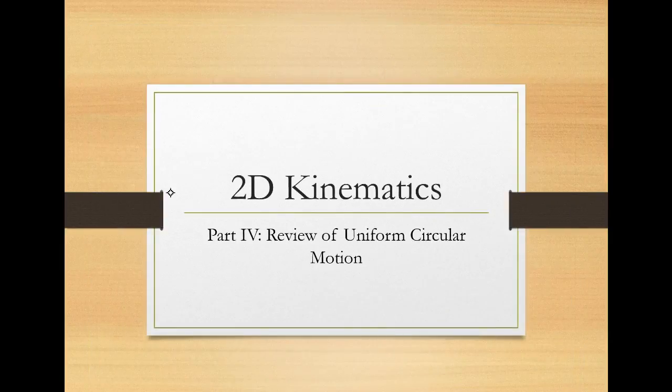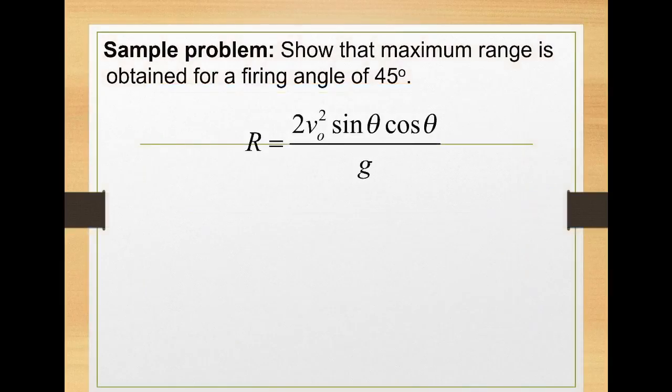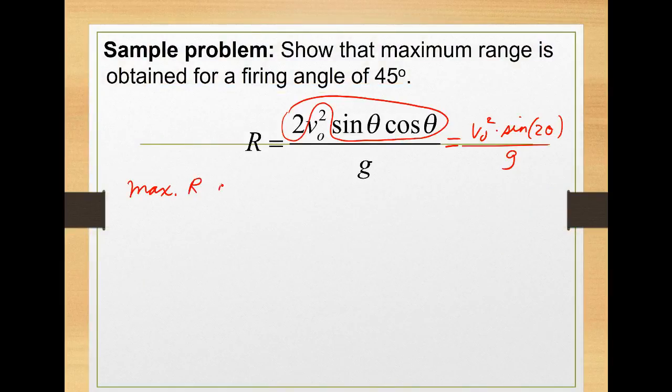Well, the range is going to max out when our derivative is 0, so when dR d theta is 0. Okay? So what we're going to do is vary the angle and look at its effect on the range.